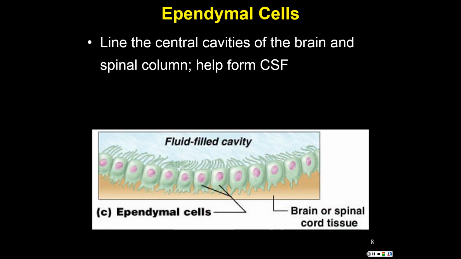Another type of glial cell are called ependymal cells, and those cells are the cells shown here in the green. And you'll notice maybe that the ependymal cells have these ciliated projections. If you remember from your kind of general biology classes, the role of cilia are to either move an entire cell or move fluid across a cell.